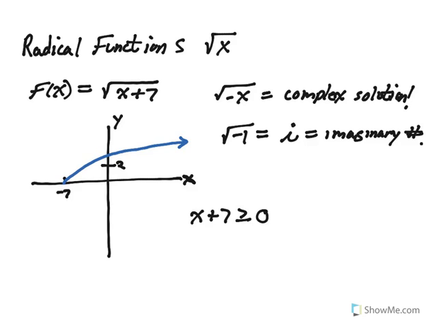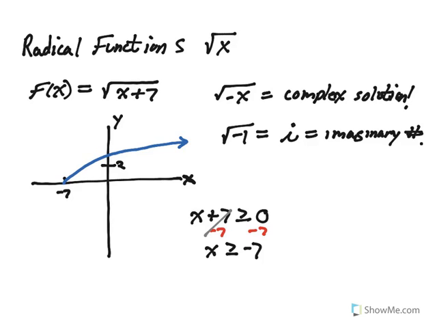Whatever's under the radical, you're going to say greater than and equal to 0. Then you're going to solve for x so that these will cancel. Then you're just going to be left with, okay, x is greater than and equal to -7. So that means my domain has to be all values greater than and equal to -7 in order for me to take the square root under that radical.